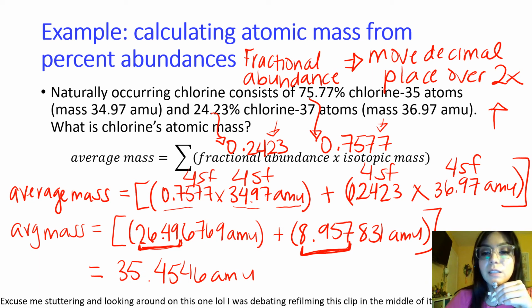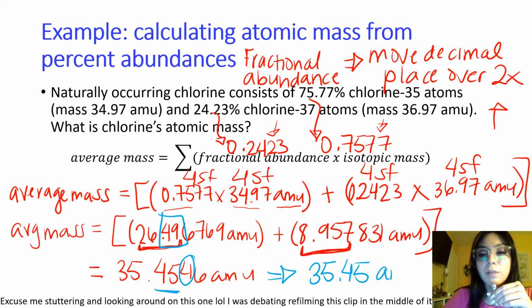The one with the least number of decimal places is actually right here. So that means that we can only have 2 decimal places here. The number after that last decimal place we want is 4, which is less than 5, meaning that we're not going to round up. So our final answer will be 35.45.